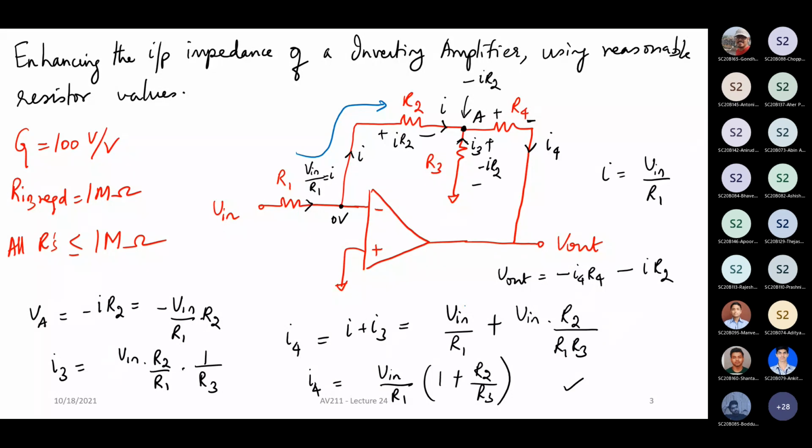So the mechanism by which the circuit is able to provide us with that higher gain is basically that you are fixing the node voltage at A by means of these two resistors R1 and R2, right? But then you have this additional current I3 which is flowing into that node, and that current you can control through R3.